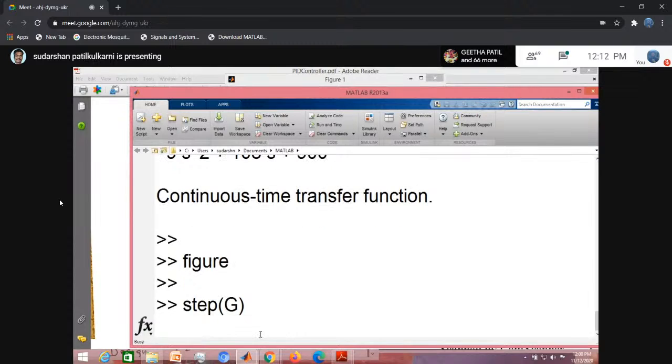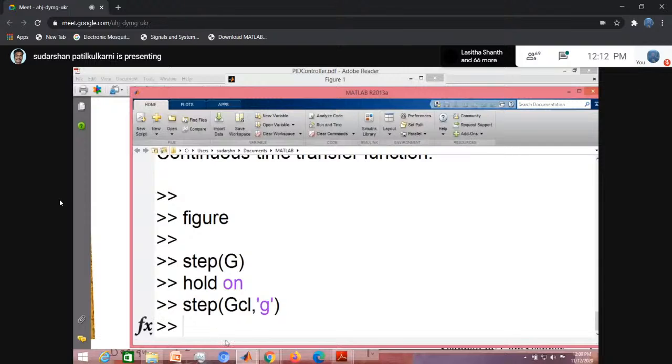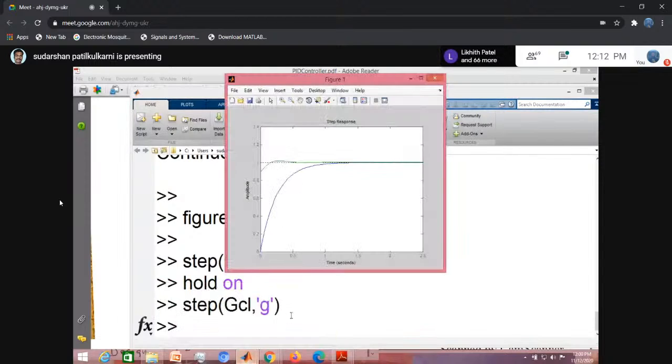The step response of the open loop plant without controller: the blue one is the open loop, the green is the closed loop.